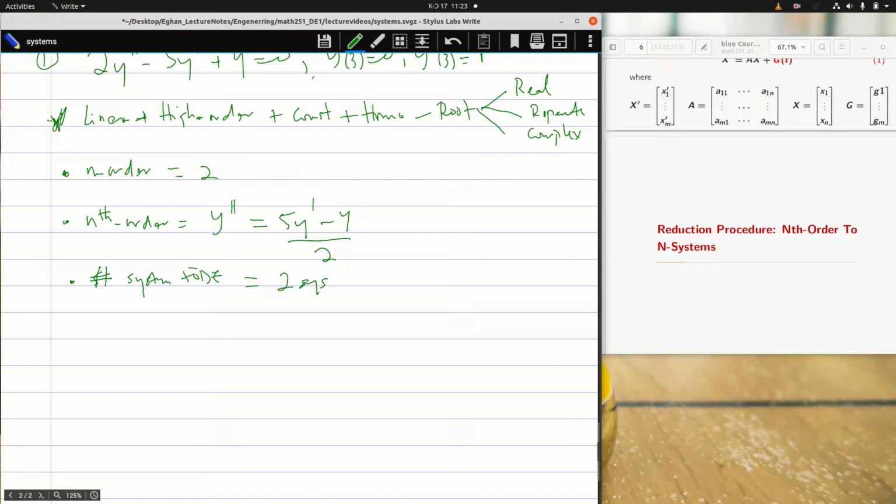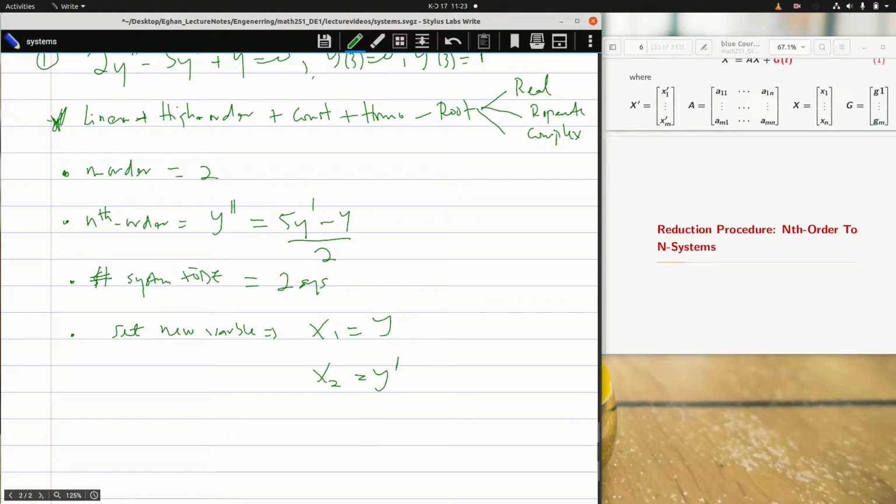So next thing, how do I write these systems out? I'll set some new variables. So the first variable, I will say let x1 be equal to y, and let x2 be equal to its derivative.